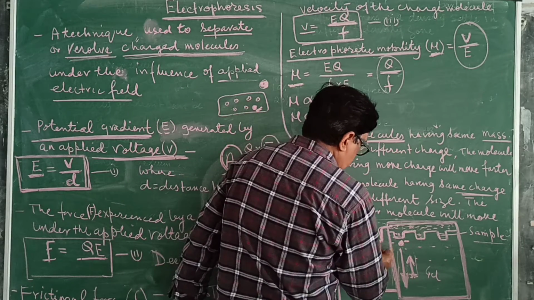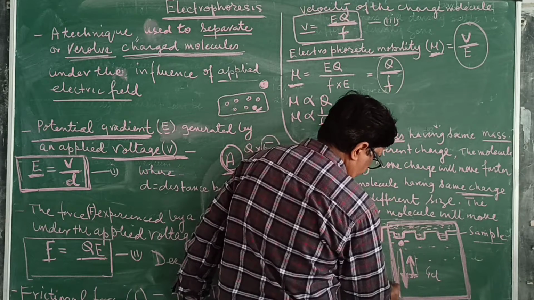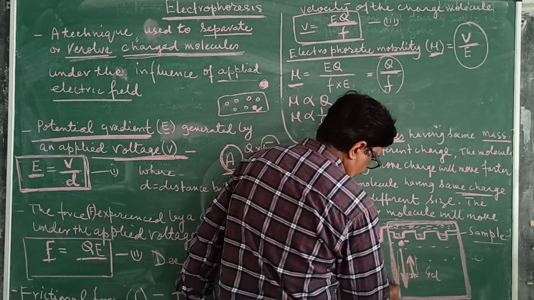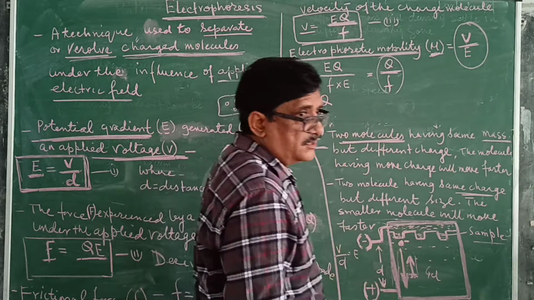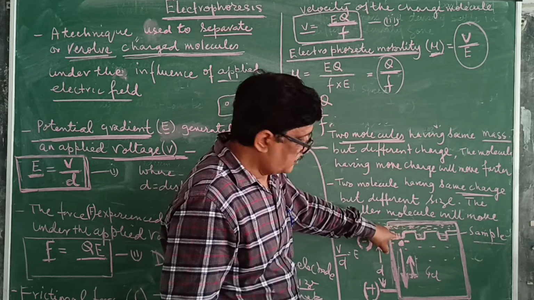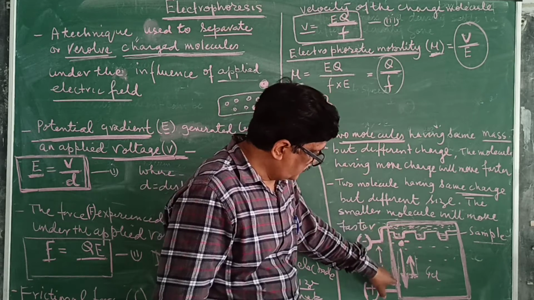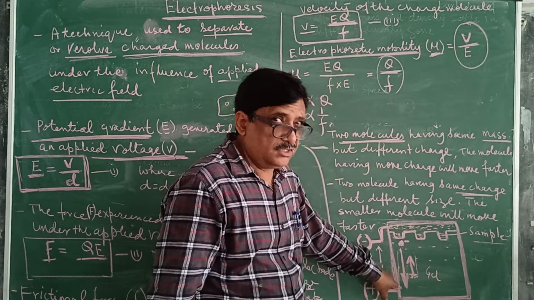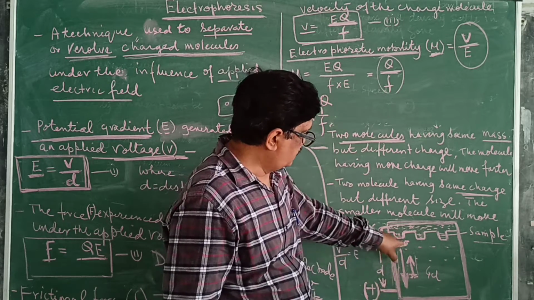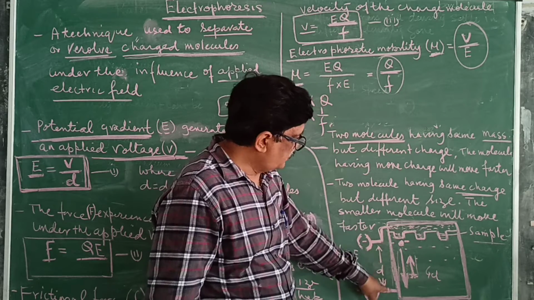Due to the development of this potential gradient, a force will be generated and exerted on the molecule, driving it towards the oppositely charged electrode. That means if this is a negatively charged molecule, it will move away from the cathode towards the anode.